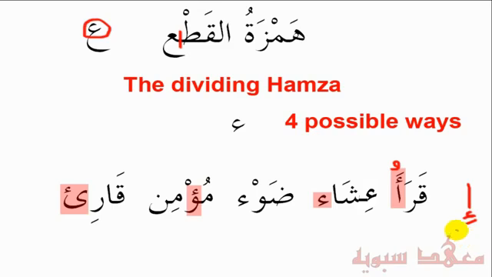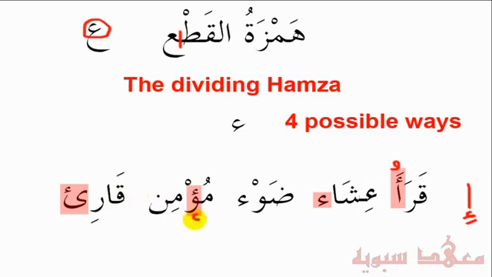And similarly with the waw and the ya. So we'll find out also that a Hamza can be together with a waw and a ya without the 2 dots. And if these have a dhamma or a fatha or even a sukoon, as in this case, the Hamza will be written on top of the waw and on top of the ya. However, in the case of the kasra, it will be written below.